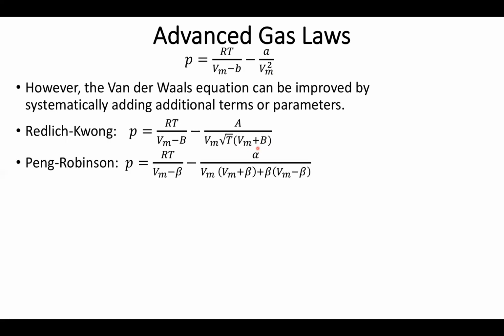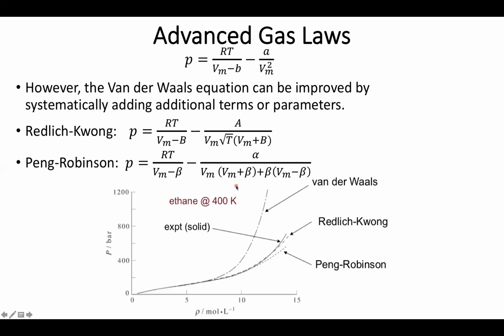This premise has also been continued with the Peng-Robinson equation, where you add in additional parameters. And there's also several other equations out there where you're able to start adding in 3 or 4 different parameters instead of the simple 2 of these three main equations. However, when we actually look at the data itself, we find that it's not really until we get to high pressure or high concentration conditions that we really need anything much better than the van der Waals equation.